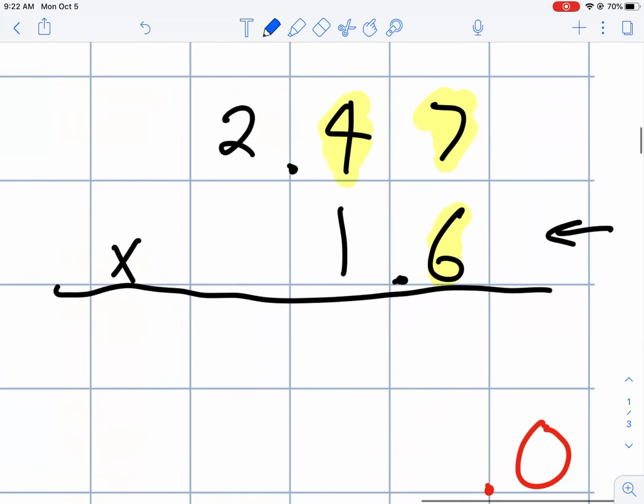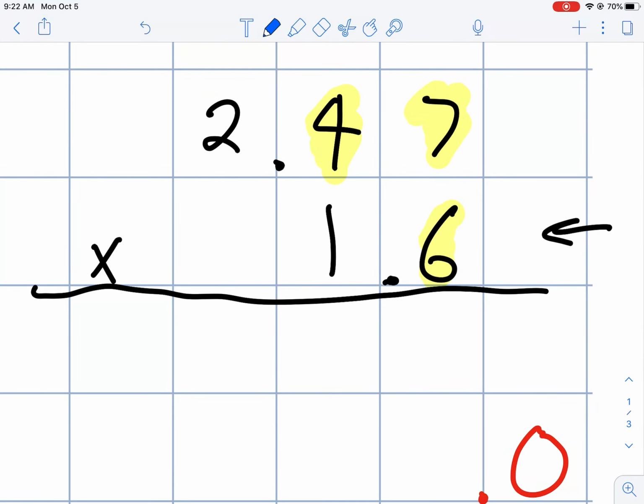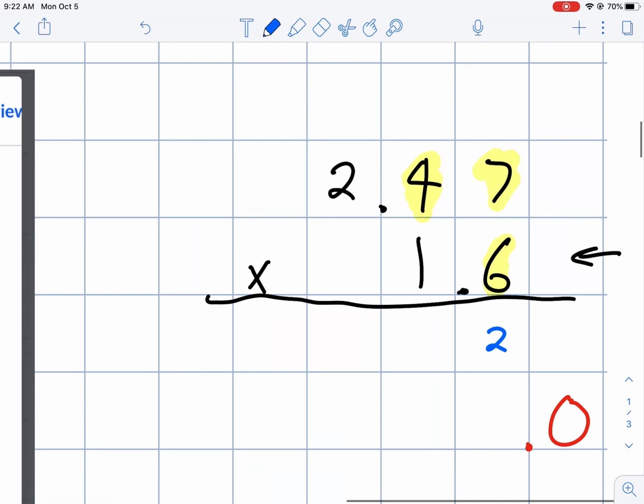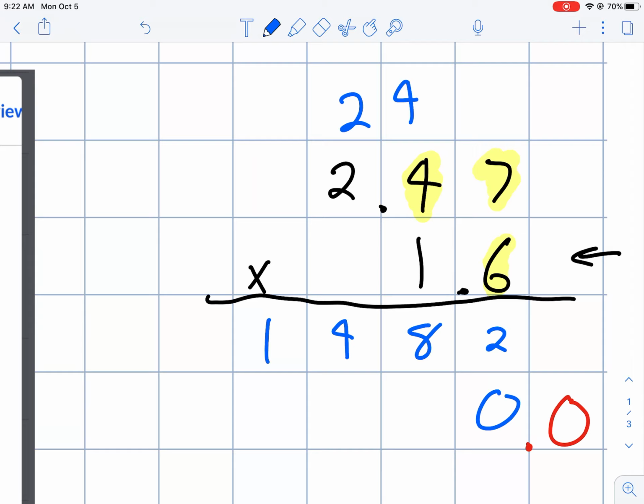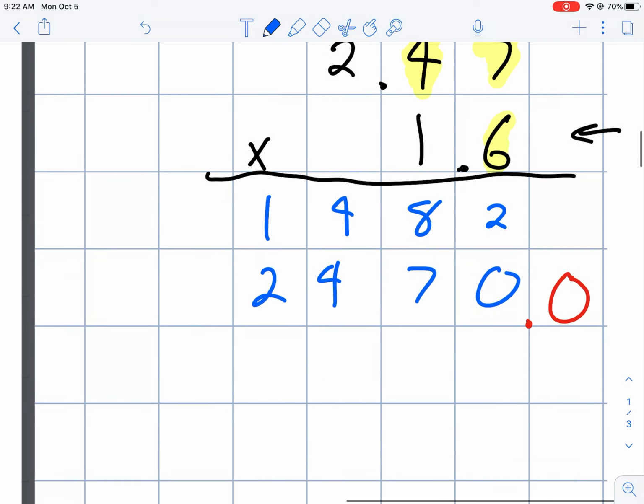So 6 times 7, 42, 2, 4, 6 times 4, 24, 28, 12, 14, and 0, 7, 4, 2. Oh, you know what? I forgot. We even need to go one more.